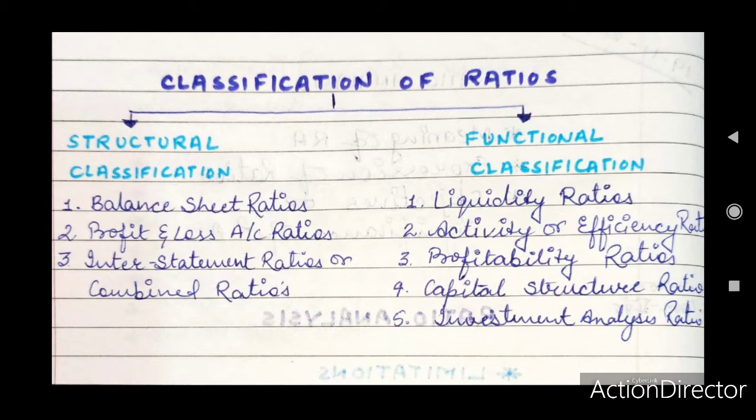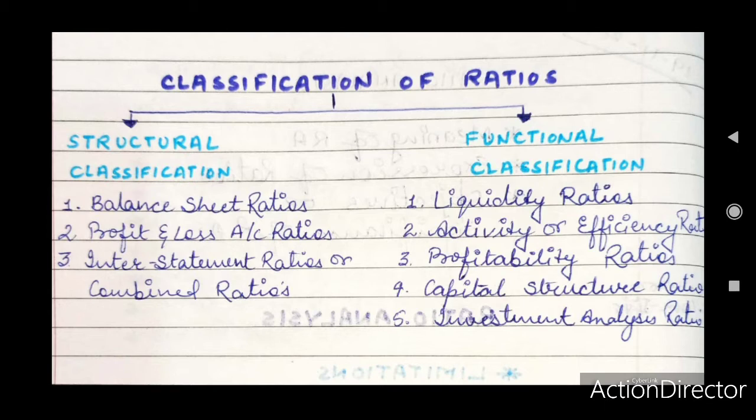Examples of such ratios are current ratio, liquid ratio, debt equity ratio, proprietary ratio, capital gearing ratio, fixed assets ratio, etc. Number 2. Profit and loss account ratios. The figures used for the calculation of these ratios are usually taken out from the P&L account.